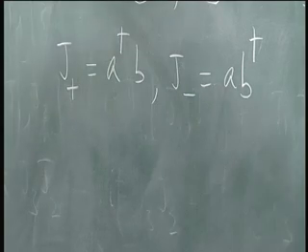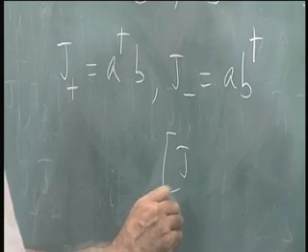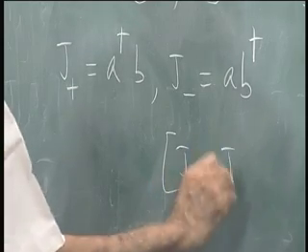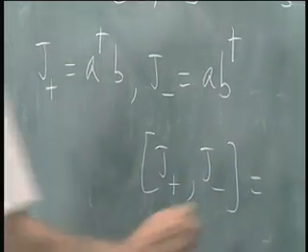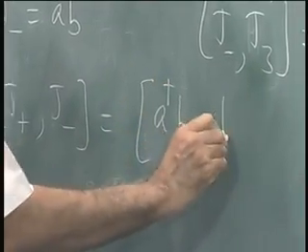What is the commutator of J plus with J minus equal to? It is the commutator of A dagger B with A B dagger. What does this give you? Well, one has to work this out carefully, otherwise you make a mistake.